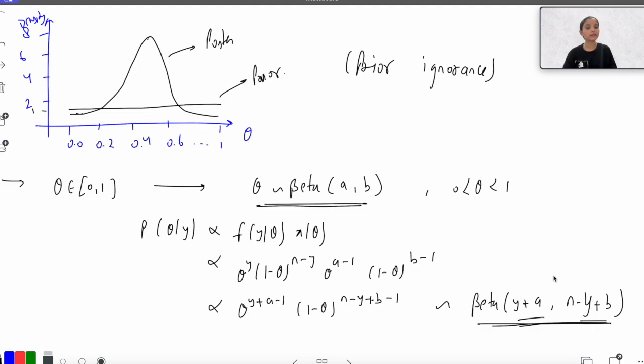This is one certain kind of distribution, and that is said to be the beta binomial prior. We will see that also when we will see all types of priors: conjugate, informative, non-informative, all those things.